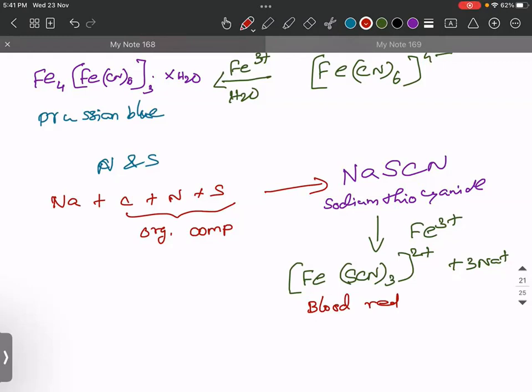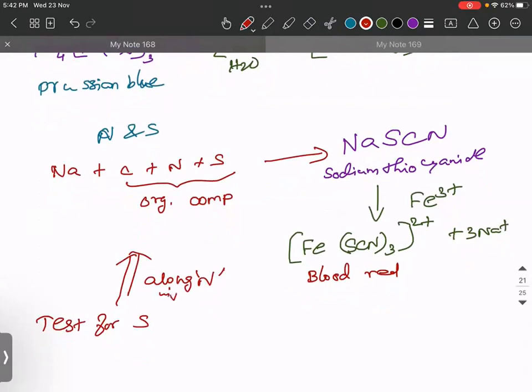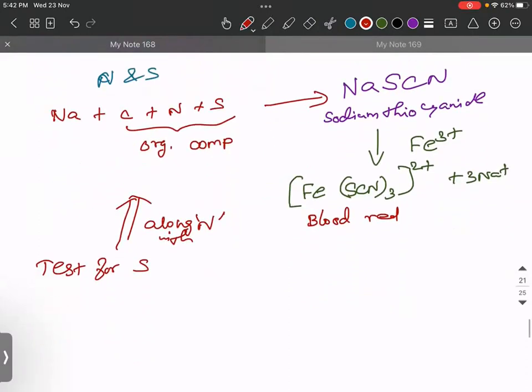Suppose your compound has sulfur, the test for sulfur along with nitrogen means the above test. Suppose you have only sulfur: sodium metal plus sulfur from the organic compound.